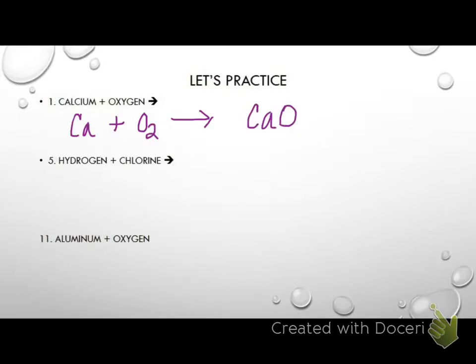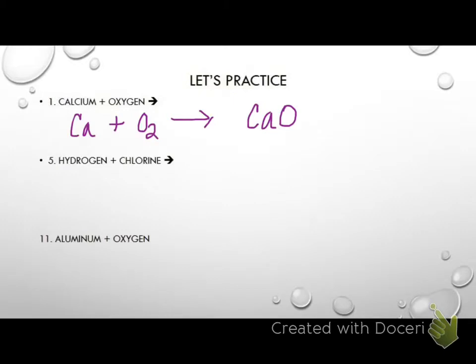When we're predicting these, the first thing you need to do is get your formulas written correctly. Do not try to balance it until you have your formulas written correctly. If it's an ionic compound, you balance the charges just like what we did in our nomenclature unit. If it's molecular, you put them together in a different way. Now I see that I need to balance this.